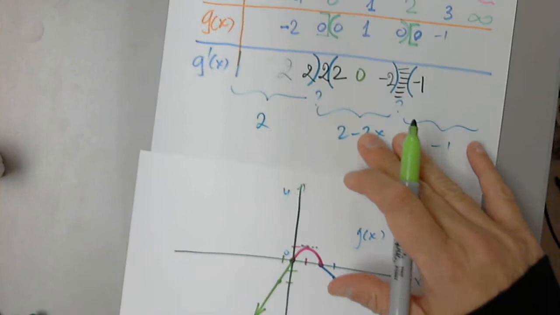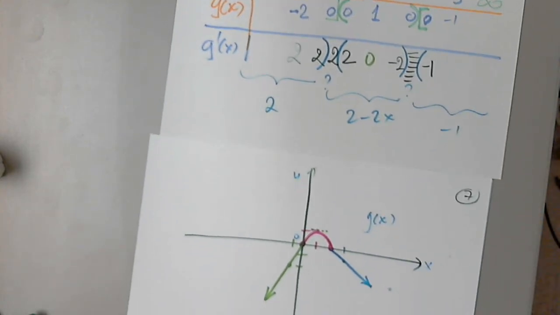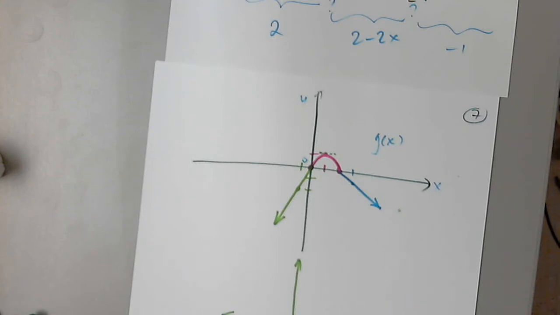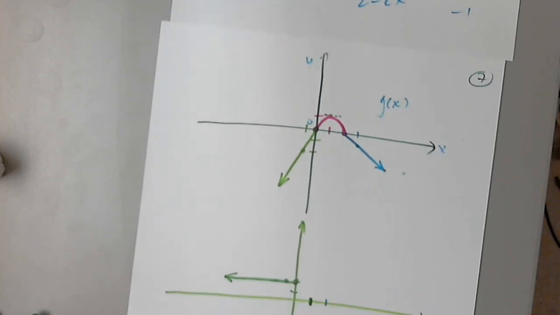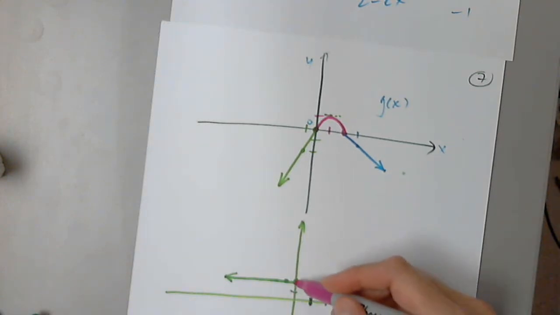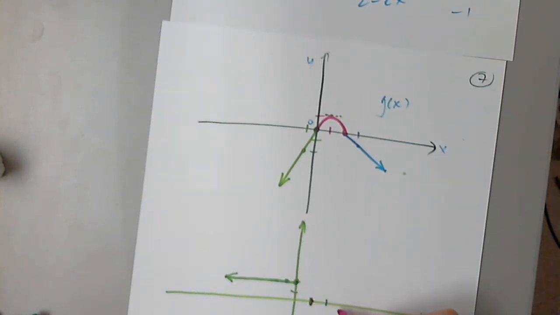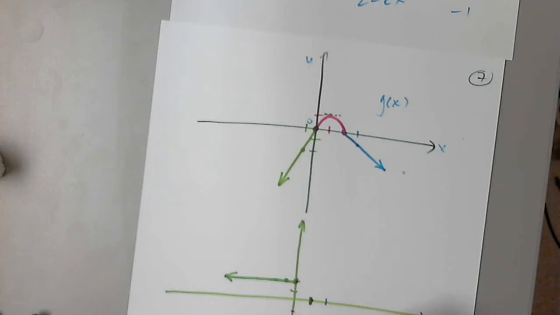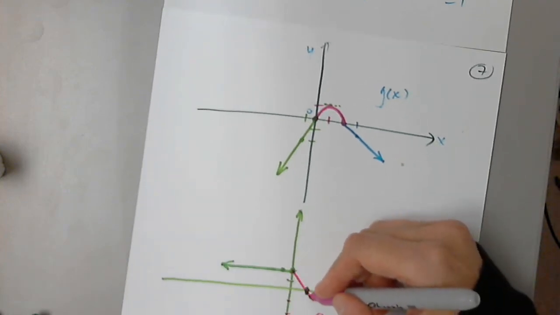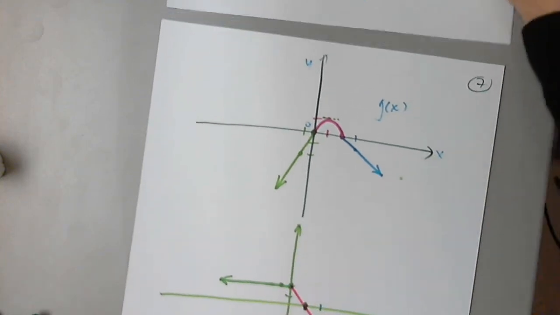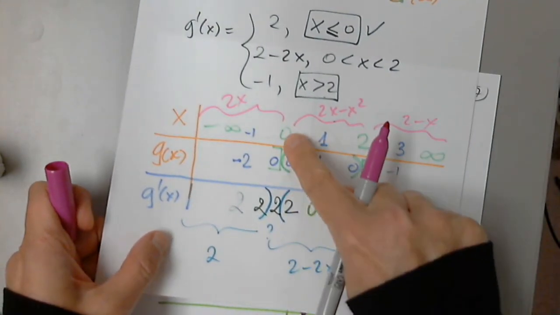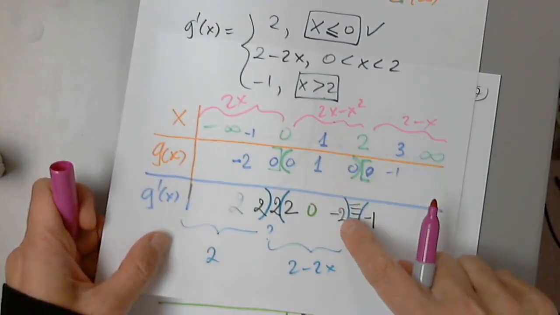Okay, so first let me finish the left-hand side. This is the first branch for the derivative: 2 at 0, 0 at 1, negative 2 at 2.